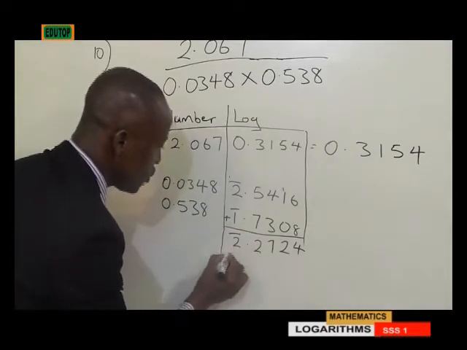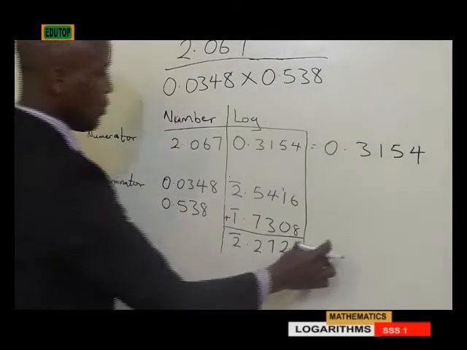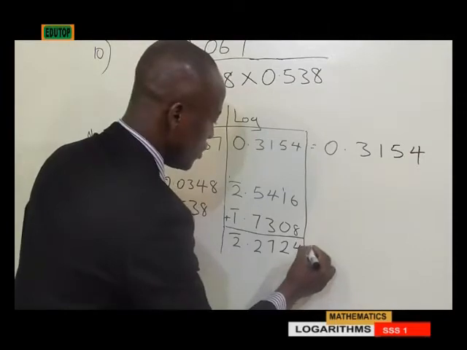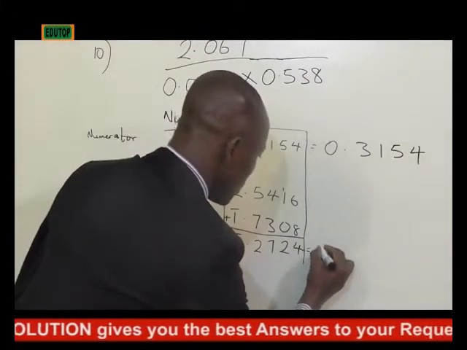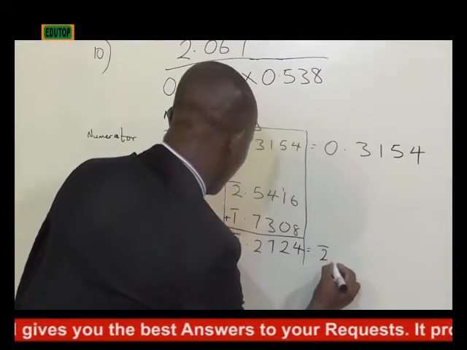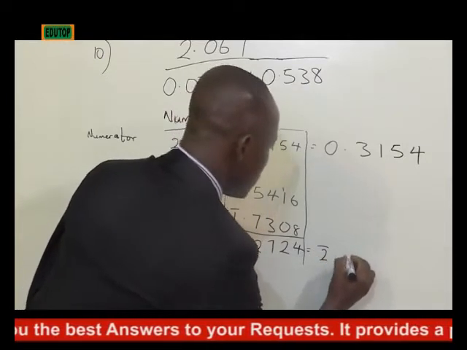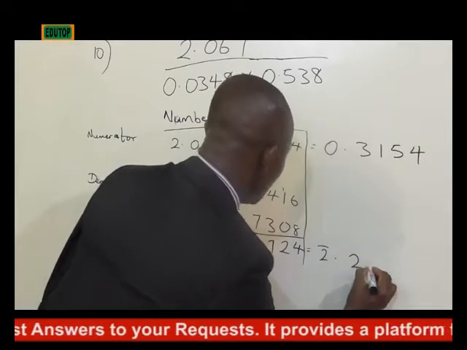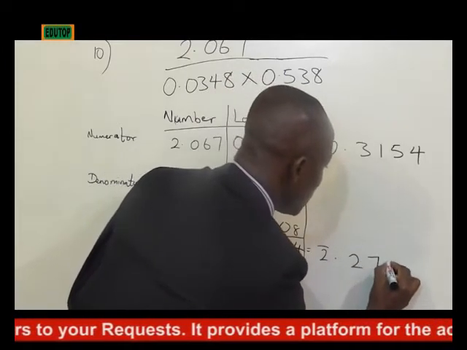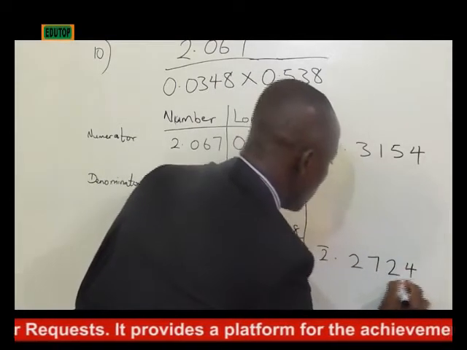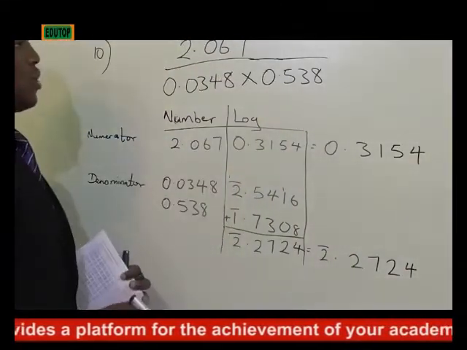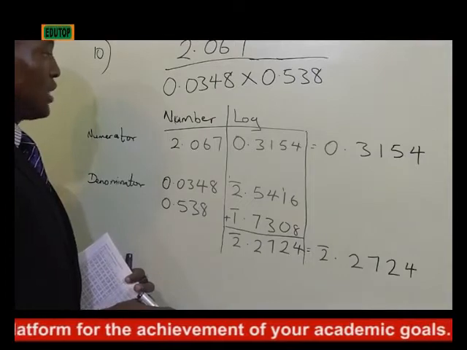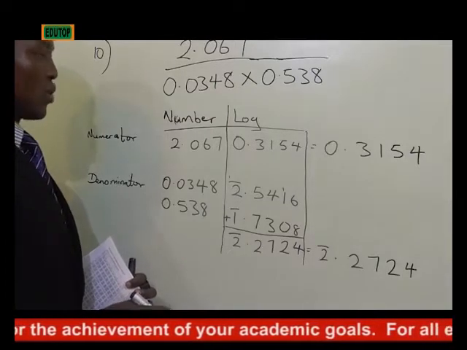Now our denominator, you bring what you are having here, you bring it to the third column. So that will be bar 2, 0.2724. Well, now, when we are doing division under law 2, under law 3, that's subtraction.